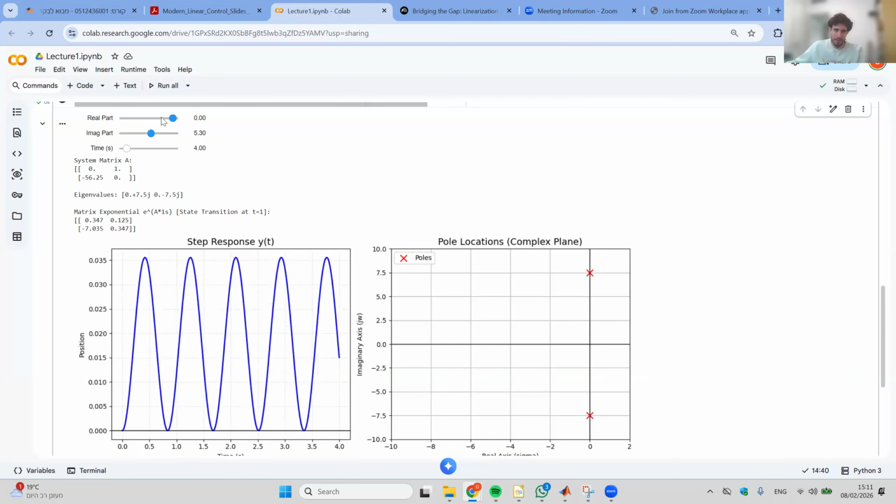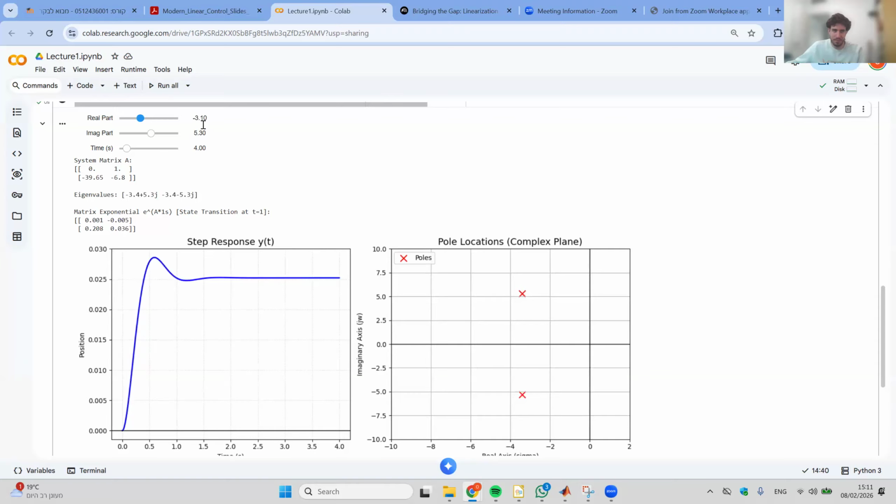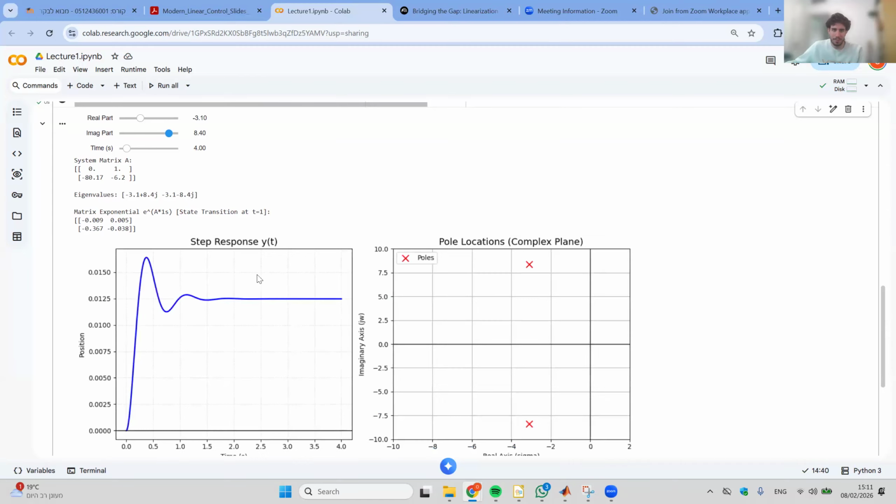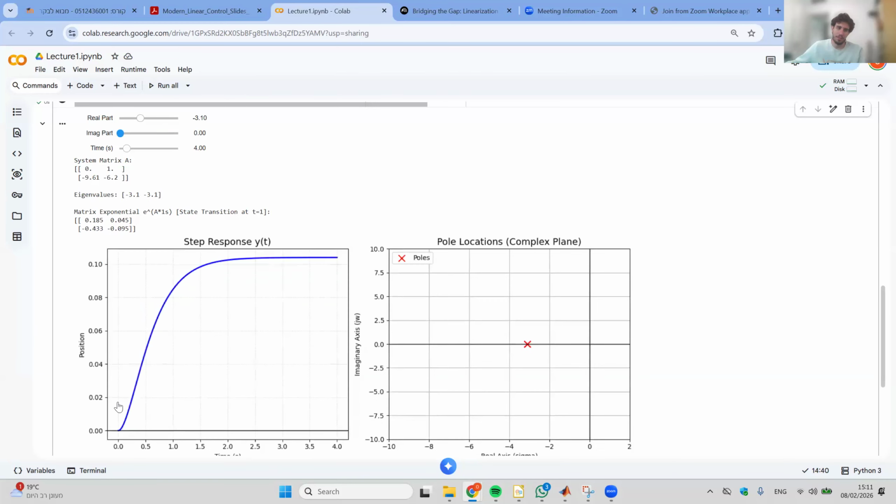So let's say we take the real part to be minus 3.1. You can see we go to some specific finite value, but the response is oscillatory. And if we make the imaginary part larger and larger, then the response will be more and more oscillatory. If the imaginary part is 0, then we will just go straight to our stabilizing value.